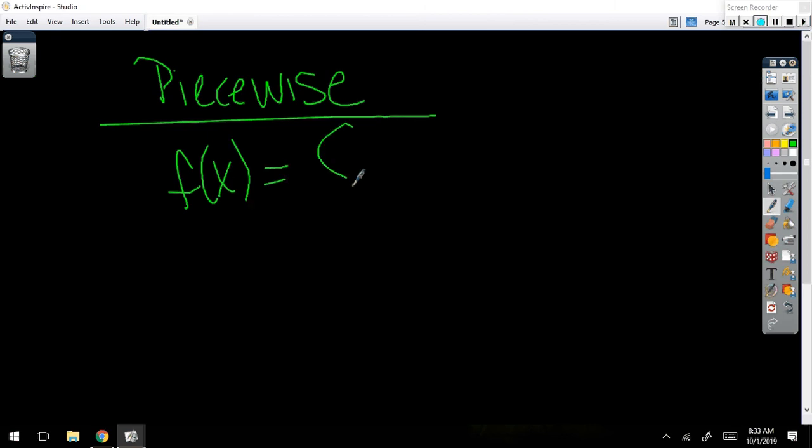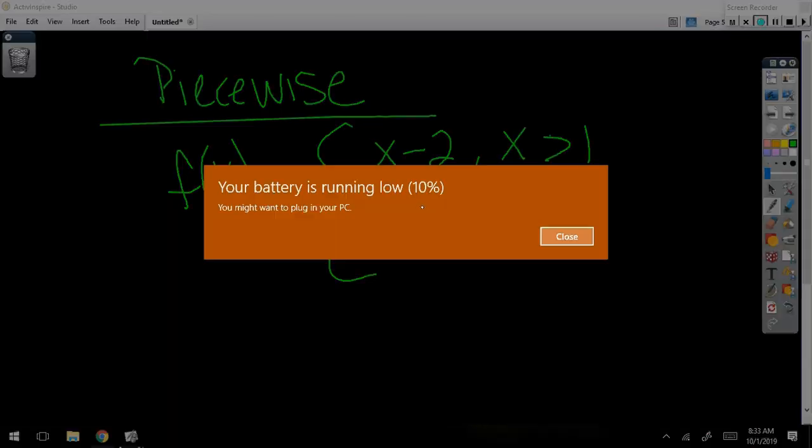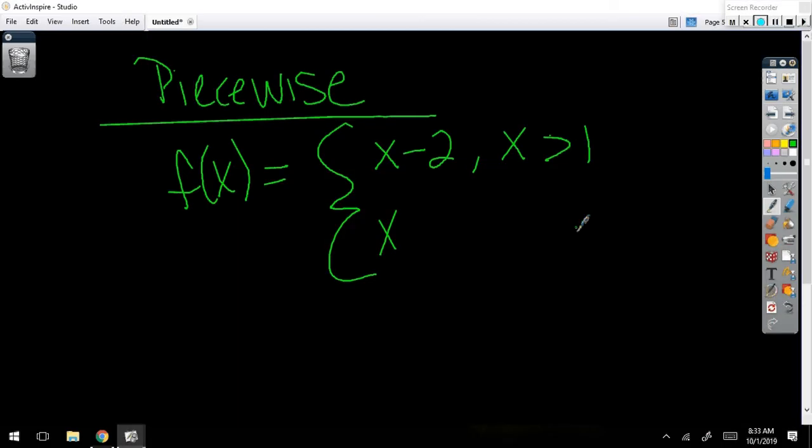F of x equals x minus 2 when x is greater than 1, and x squared when x is less than or equal to 1. So I want you to graph that function and then we're going to look at the domain and the continuity there.